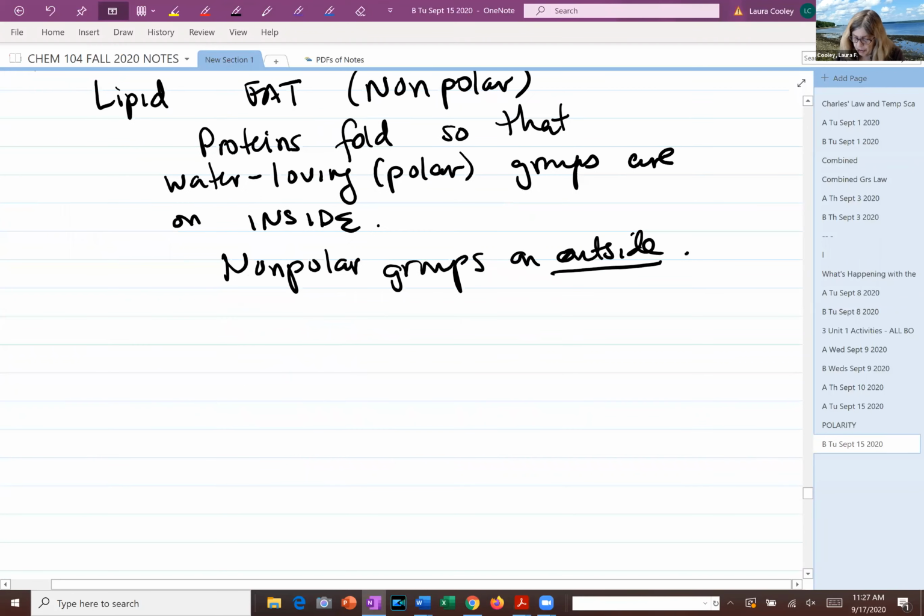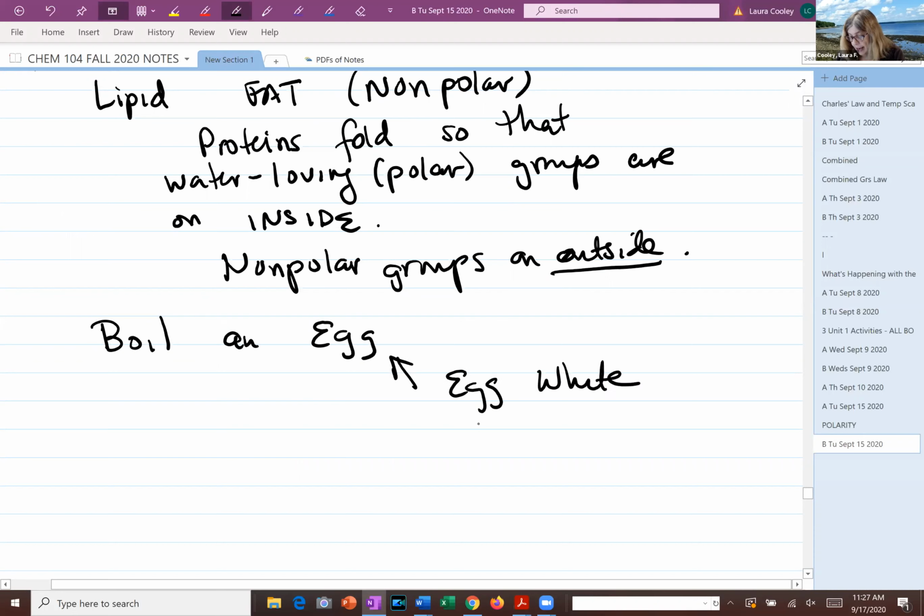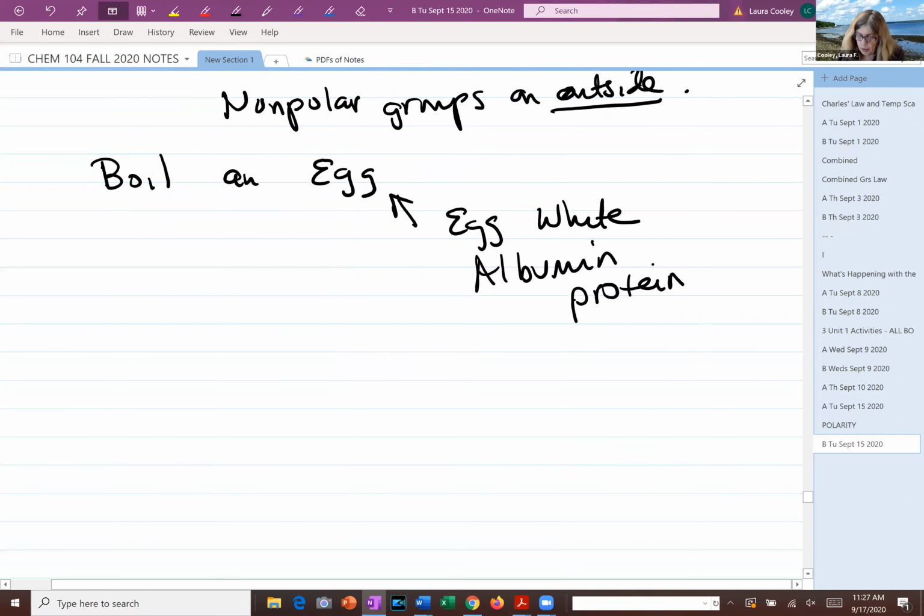Now, maybe you're interested in knowing what happens when you boil an egg, for example. So an egg, that's egg white, right? That's albumin. That's a protein. Okay, so what happens when you boil an egg? The egg starts out kind of clear colored, and it goes from clear to white.